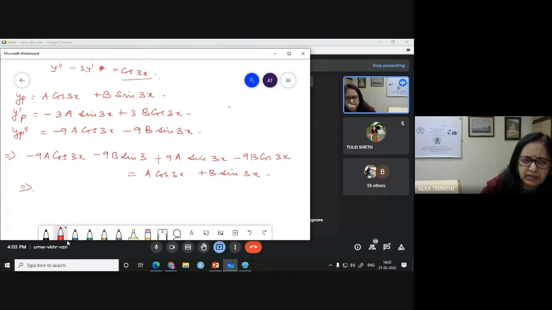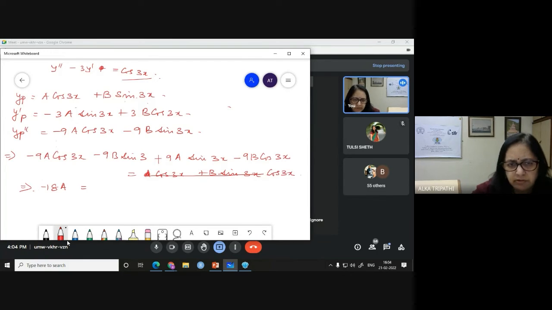Comparing the coefficients of cos and sin, we are getting minus 18a, since on the right side I am only having cos 3x. Comparing the coefficient of cos 3x, a is equal to minus 1 by 18.